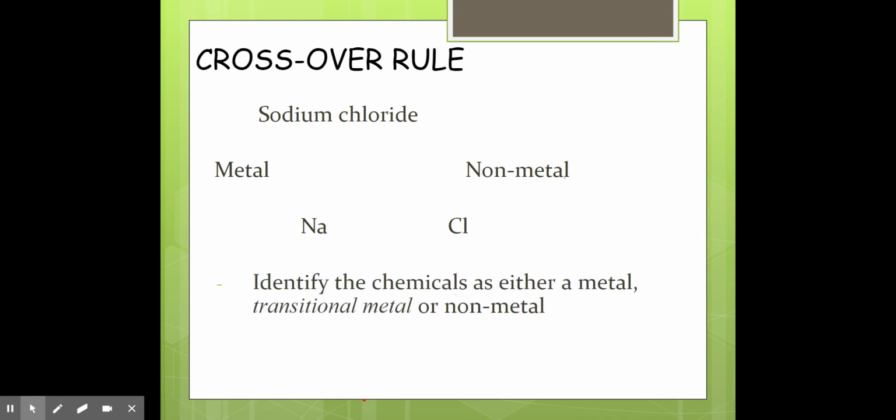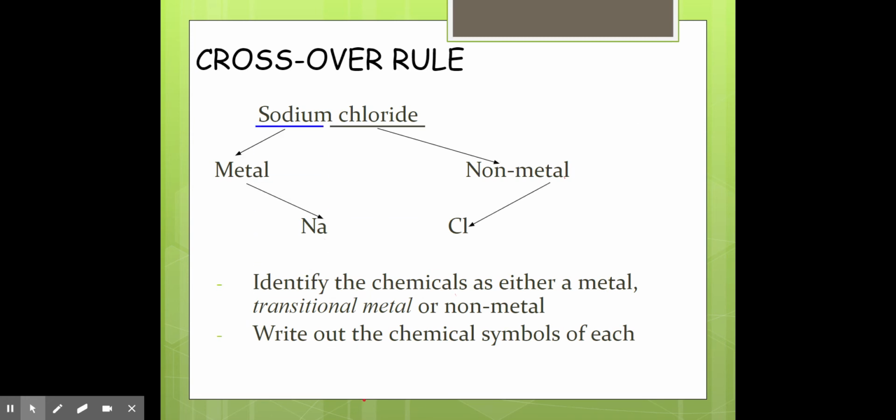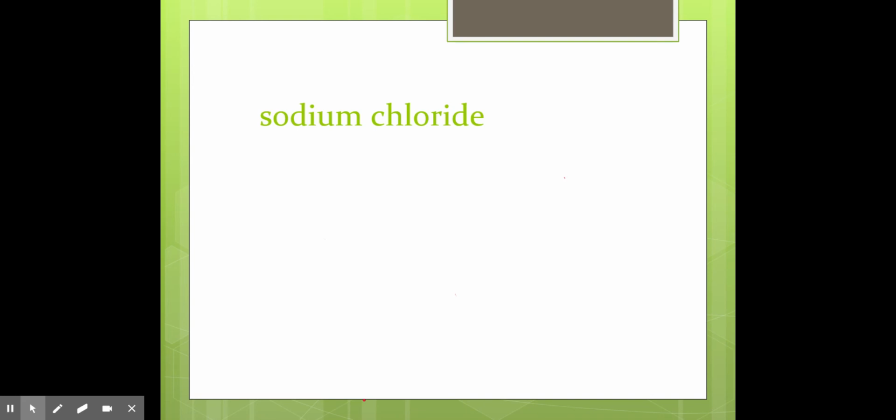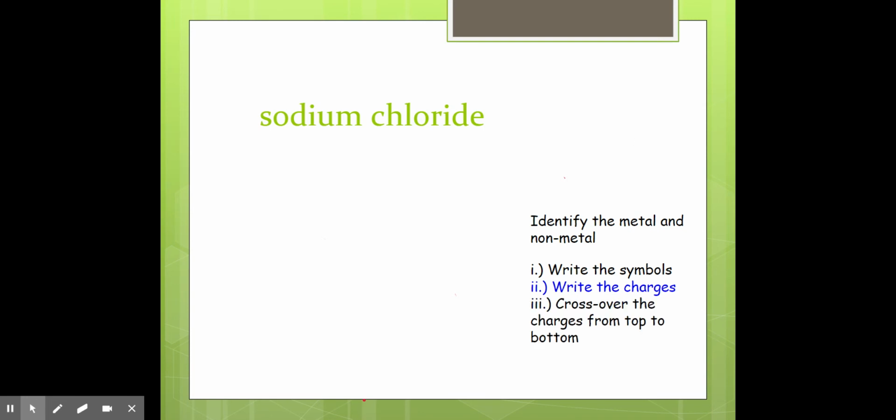In order to write formulas, we have something called the crossover rule, or you might hear your teacher call it crisscross. For sodium chloride, you have the metal and the nonmetal, Na and Cl. After you identify which is the nonmetal and which is the metal, we need to know the charges. You identify the metal, write the symbol, write the charge, and then we flip-flop where the charges are.